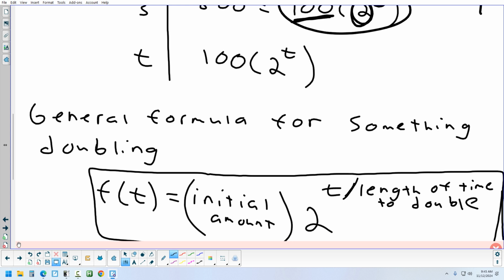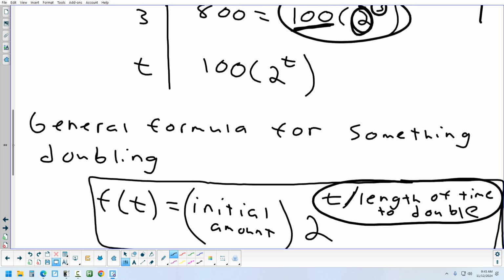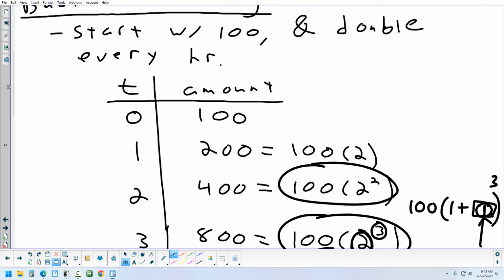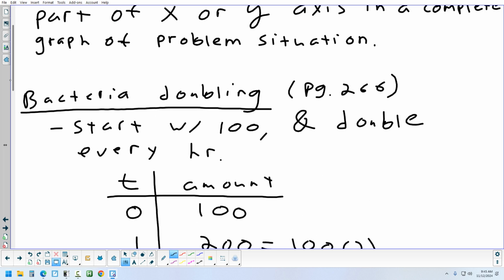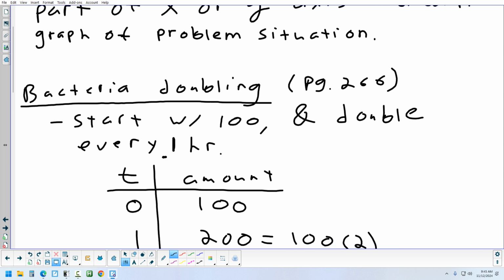It's an initial amount. There's a 2 here, because doubling is a growth rate of 100%. And this part, this is important. The reason that that number matched that number is because the bacteria was doubling every 1 hour.